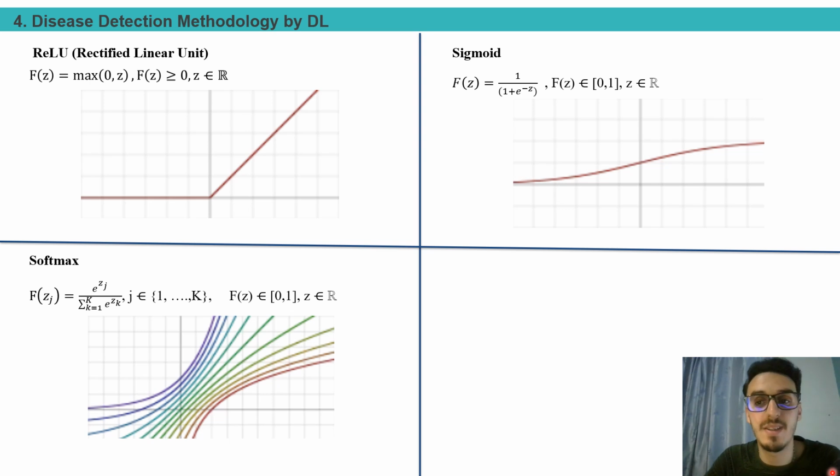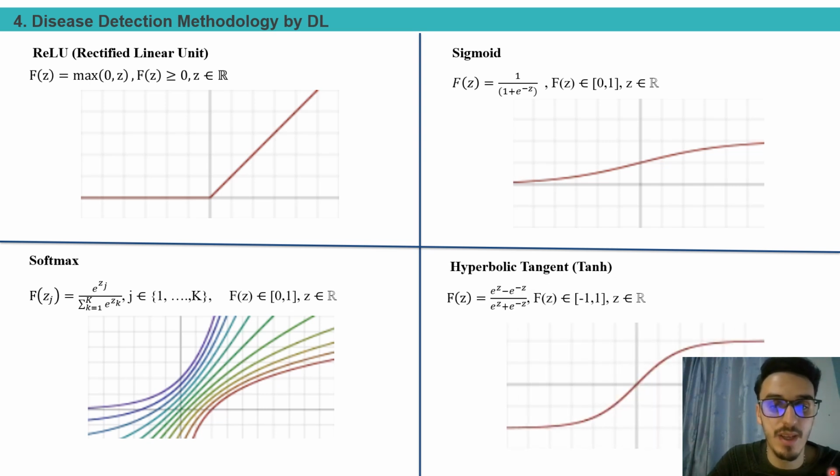For multi-class classification, it converts the output into probabilities across all classes, allowing the model to make predictions. And finally, we have the hyperbolic tangent. That is another function that outputs values between 1 and -1, helping the model handle data more effectively in certain cases. These functions work together to ensure that the model can accurately detect and classify plant diseases.